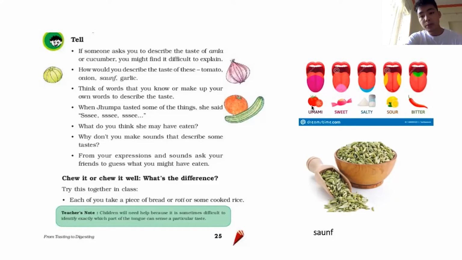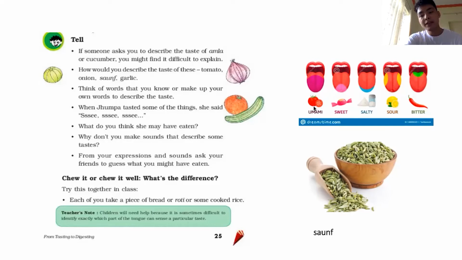Umami is a taste recently accepted. An example is a tomato. If you eat a tomato, it is a little bit salty, a little bit sweet, a little bit sour, a little bit bitter.